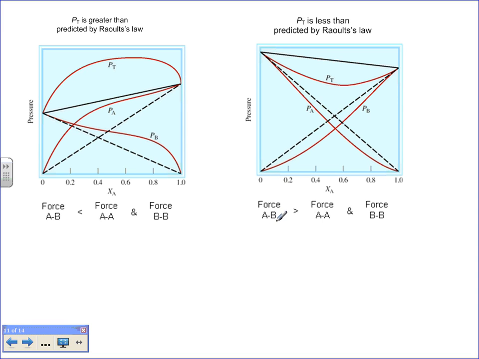And so we're actually going to have a negative deviation, or a lower than expected vapor pressure of a combined solution. Okay, so this is the extent of the discussion for deviations from Raoult's law. You will not be doing calculations involving these because the calculations that you're going to do will always involve ideal solutions.